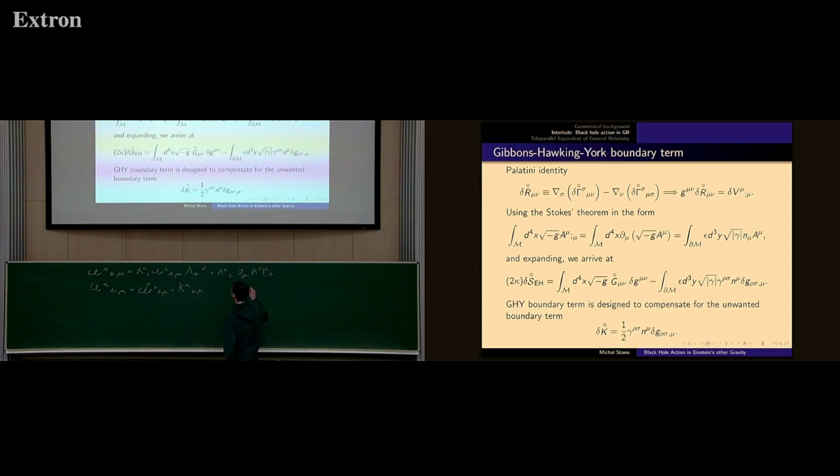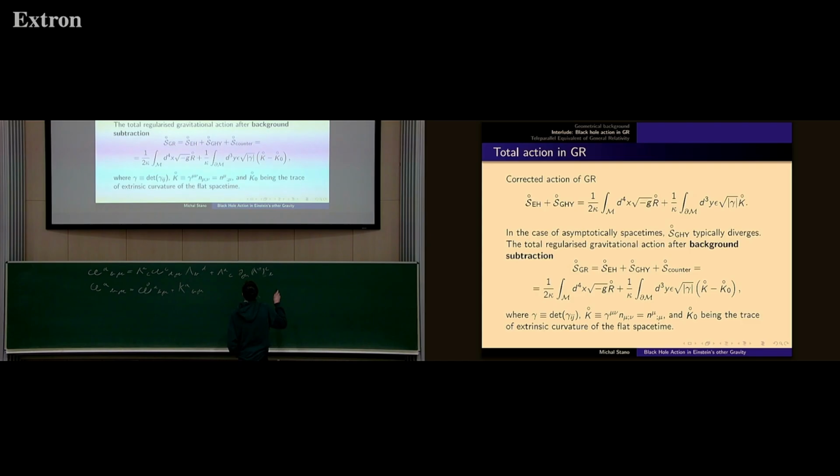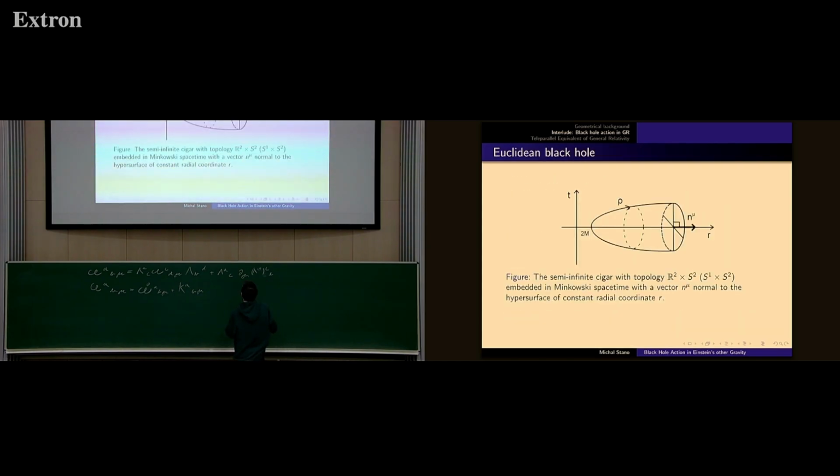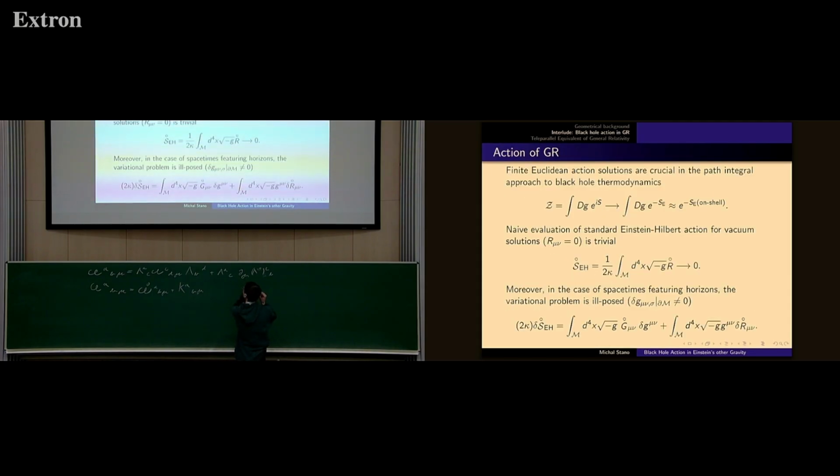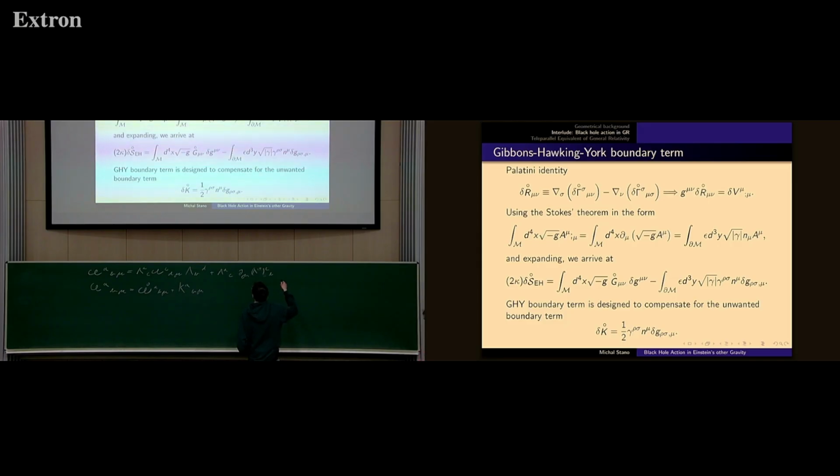Okay, so if we substitute back in for the values of variations of the Ricci tensor, what we find is the following boundary term given in terms of the variations of the partial derivatives of the metric.